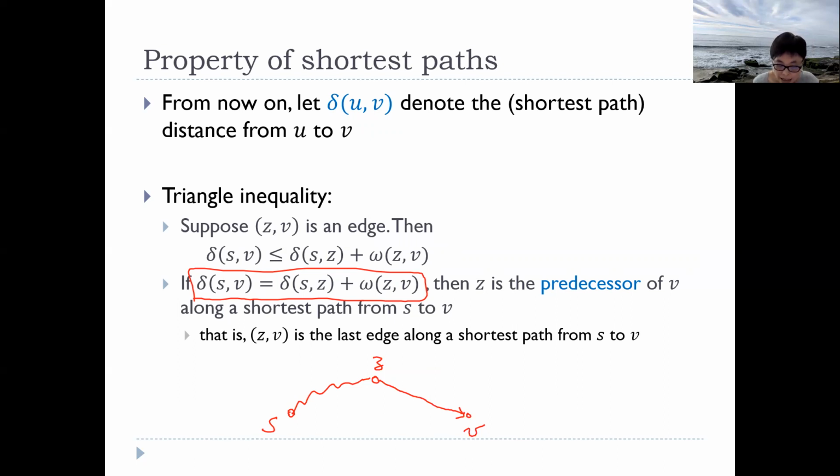This means that this red path I'm drawing here must be a shortest path from S to V. In this case, we say that Z is the predecessor of V along the shortest path. In other words, ZV is the last edge along the shortest path from S to V. So this is the last edge.